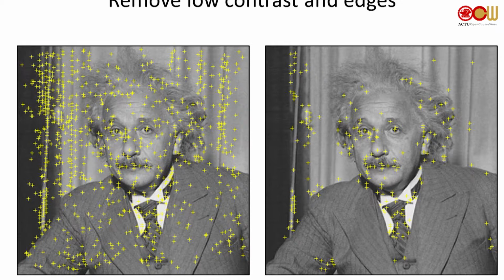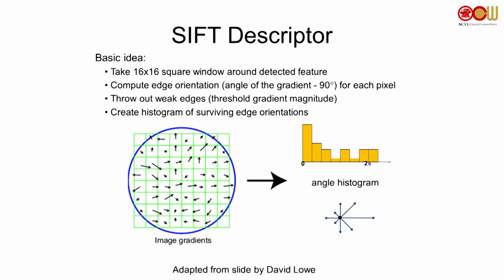This is one of the pre-processing steps of SIFT. In the beginning, it also computes the gradient, and then tries to remove the low contrast points and the edges. And this is the representation SIFT uses to describe a point and its neighbors.